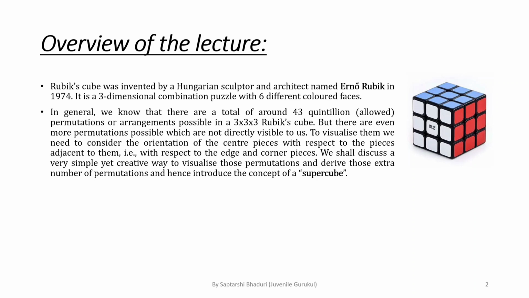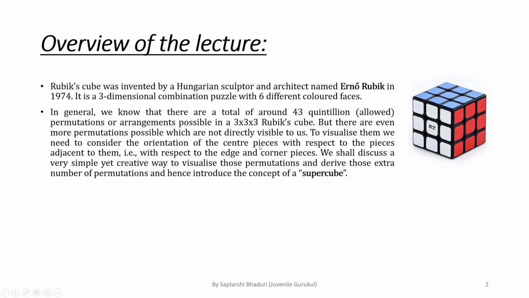In general, we know that there are around 43 quintillion permutations in a 3x3x3 Rubik's Cube. But there are even more permutations which are not directly visible to us. To visualize them, we need to consider the orientation of the centerpieces. This is called the centerpiece.